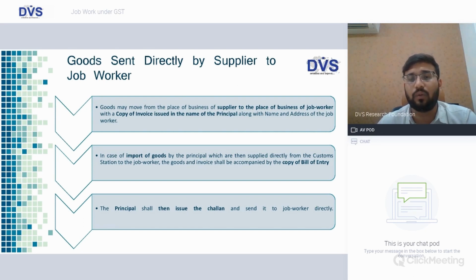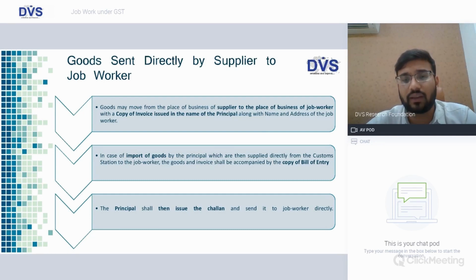So it is possible that a job worker can directly send goods to the customers of the principal, and the supplier of the principal can also send goods directly to the job worker for the purpose of job work. In case of import of goods, it has to be accompanied along with the copy of the bill of entry.